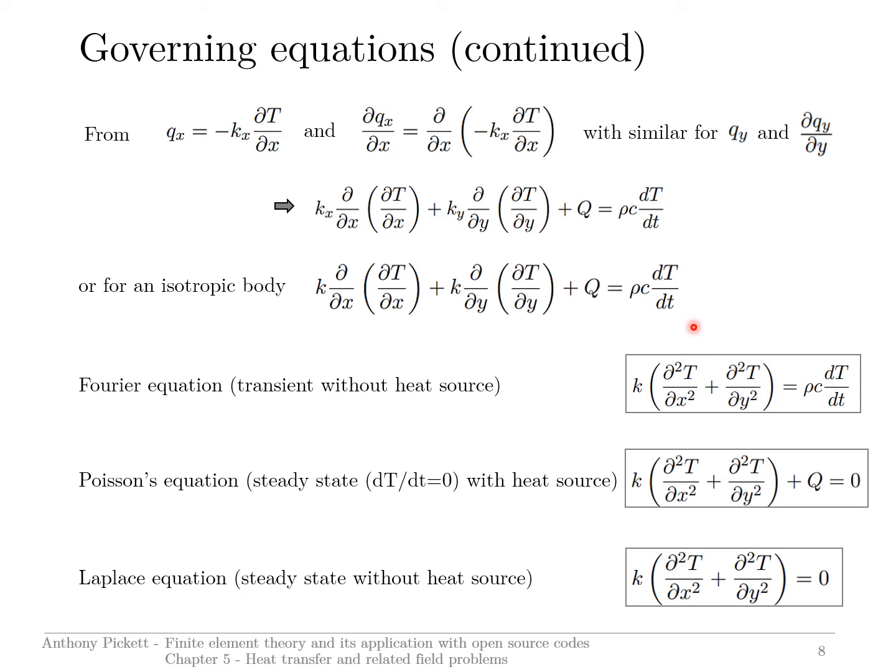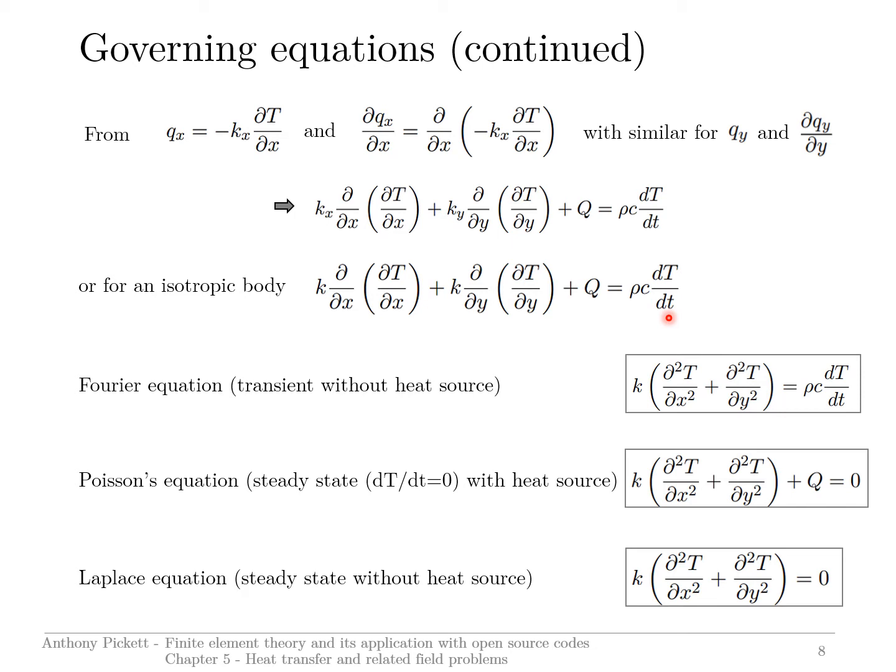So this would be the general expression for heat transfer in a material, 2D material in this case, but the extension to 3D is obvious, which has a heat source, internal heat source, and also has the potential to store energy due to the capacitance of the material.